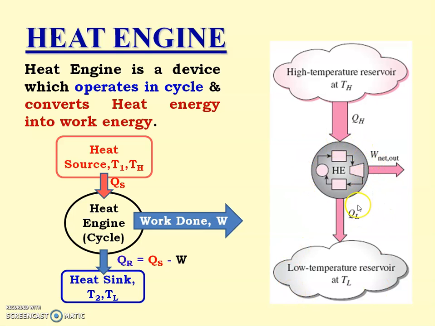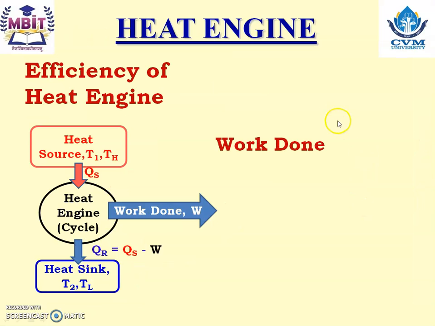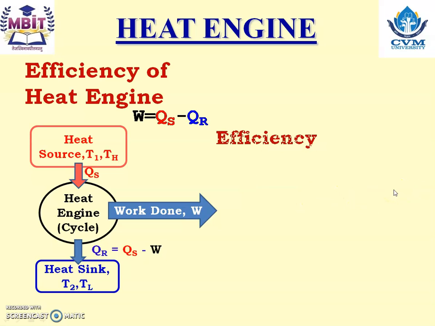The heat engine cycle here is represented as a number of processes, in which the processes take place in such a way that the initial and final states are the same, and then we get some work done. So work done is equal to QS minus QR, that is, heat supplied to the system minus heat rejected by the system.